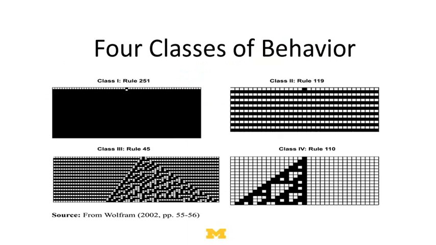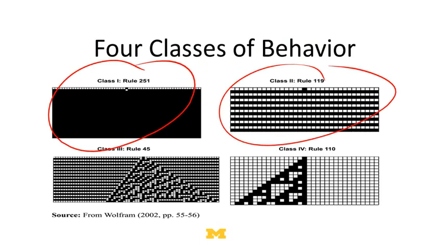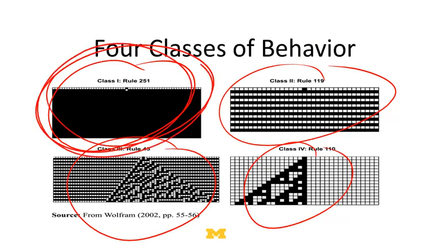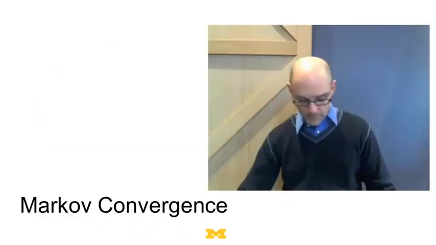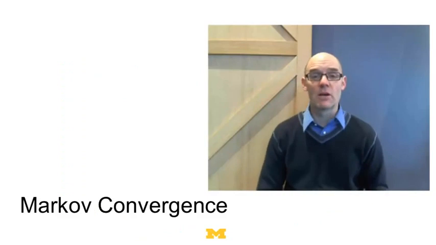Now remember we talked about the different sorts of things that processes can do. They can go to equilibria, they can be cycles, they can be completely random, or they can be complex. What we're going to find is as long as just a few assumptions hold, Markov processes are going to go to equilibria. And so there's a theorem called the Markov convergence theorem.